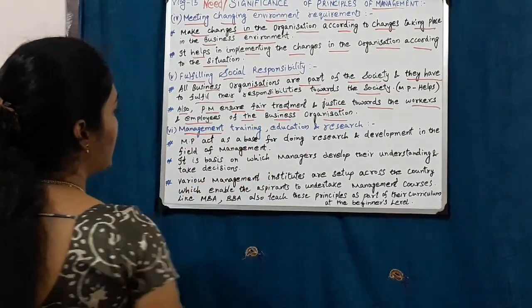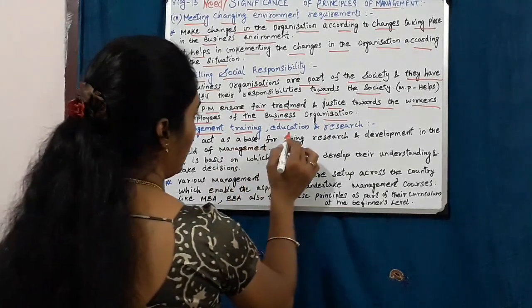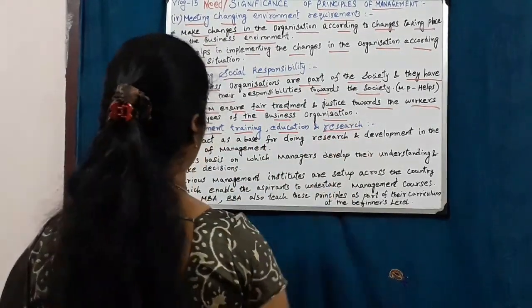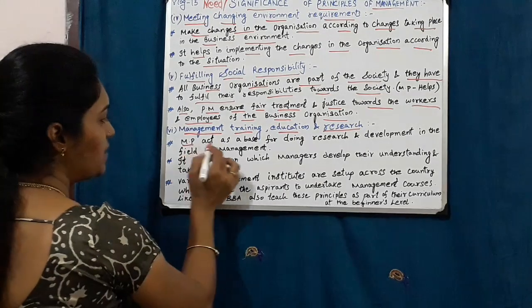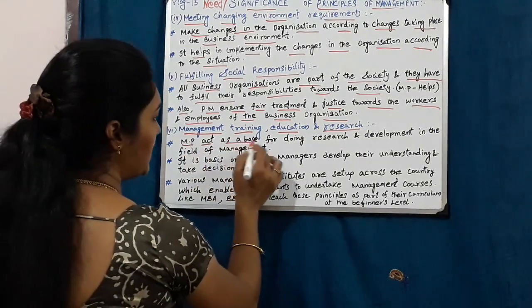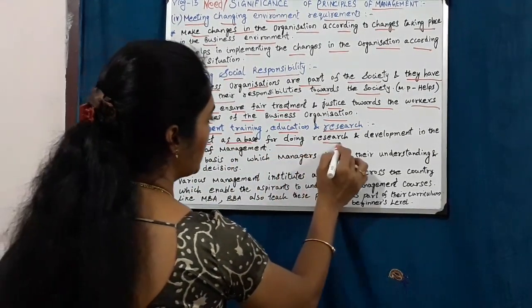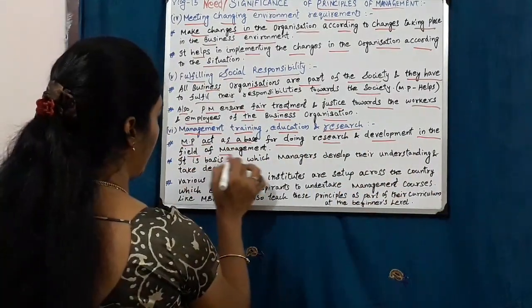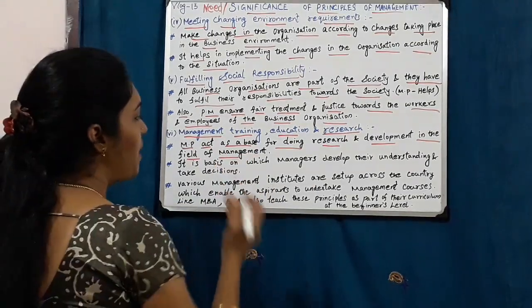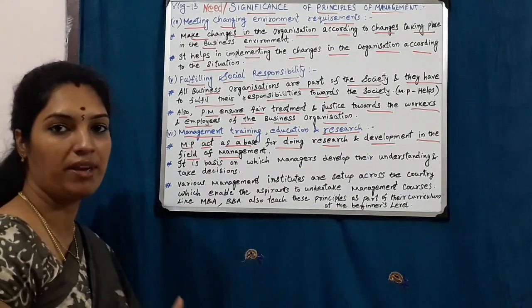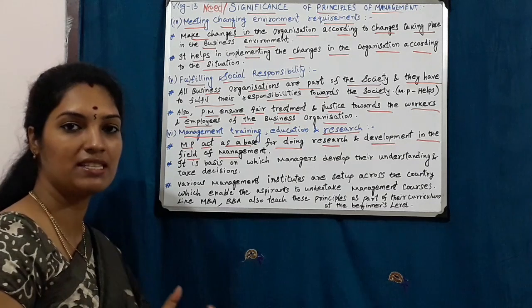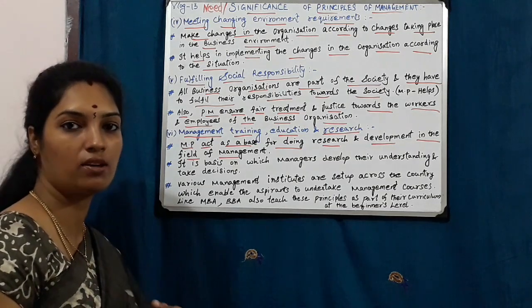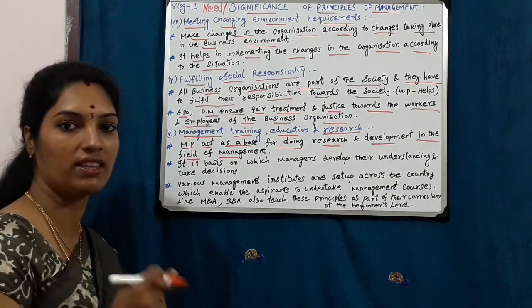And the next significance is management training, education and research. Management principles act as a base for doing research and development in the field of management. Keeping these management principles as a base, people are still doing deep research work on the principles.